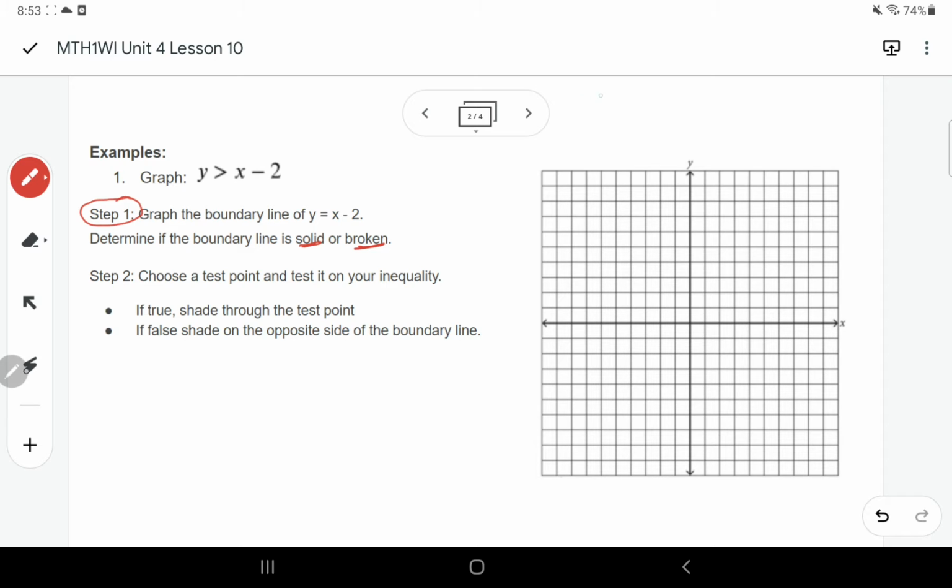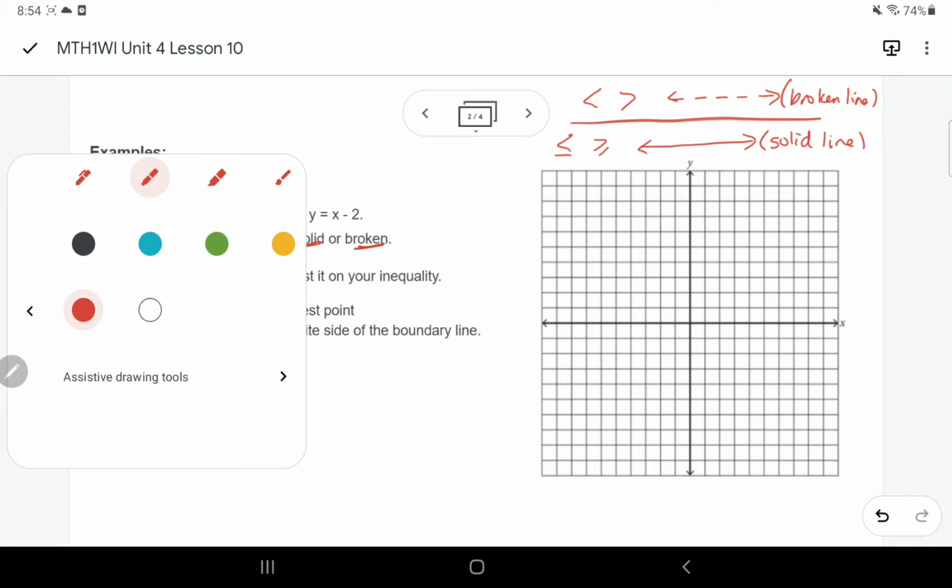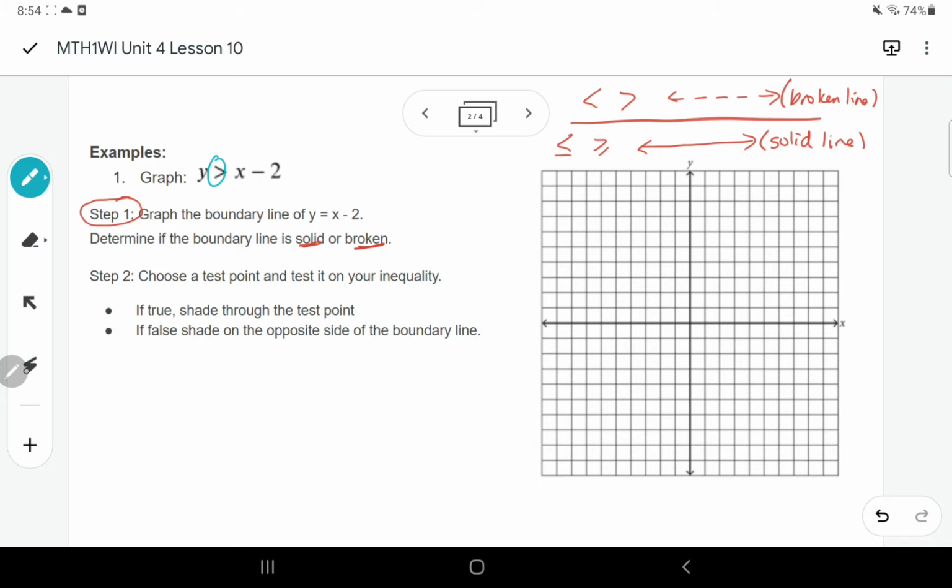So if you have a greater than or less than, your line will be dotted. And if you have a greater than or equal or less than or equal, then you'll have a solid line. So when we're graphing this, I see that this is just greater than, so that's going to be a dotted or broken line when I graph.